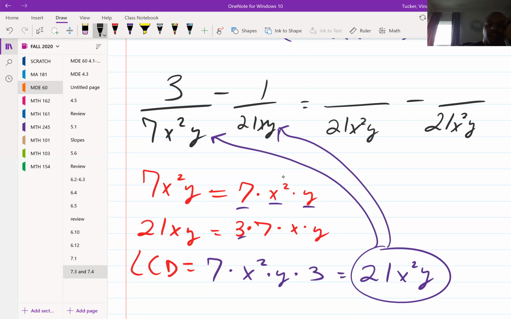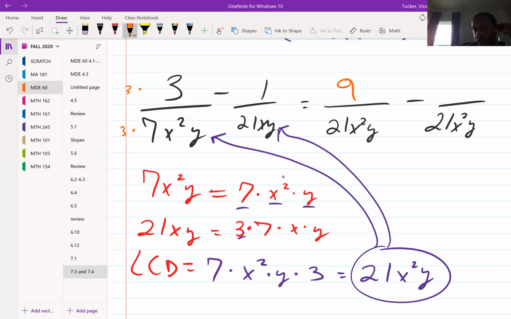So you say what times 7x squared y will give you 21x squared y? And it was just 3. So you multiply both top and bottom by 3. So it'll be 9 for my first numerator. Then you have 21xy.